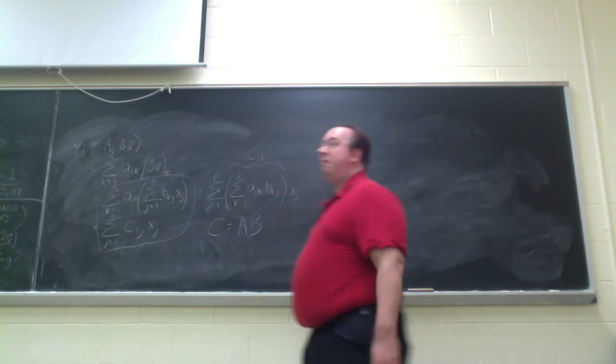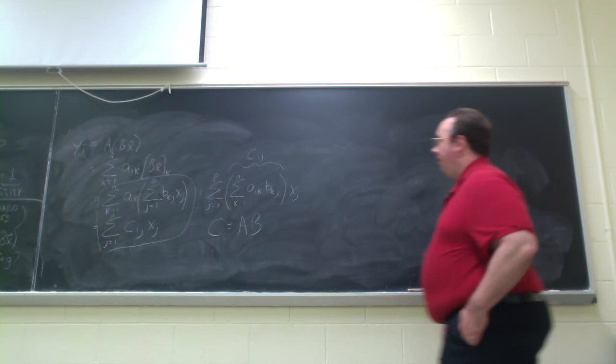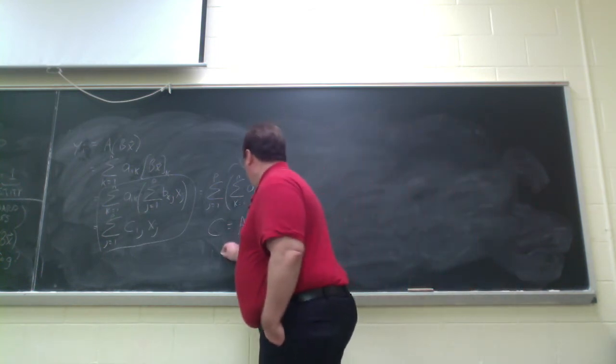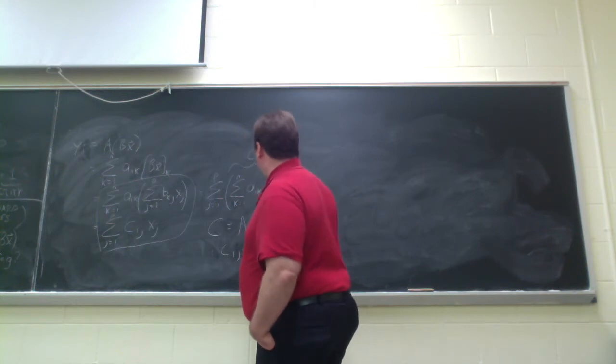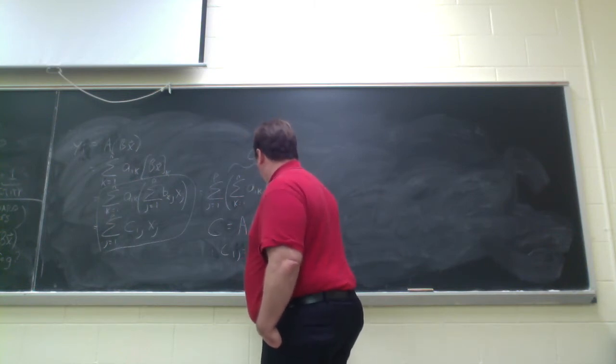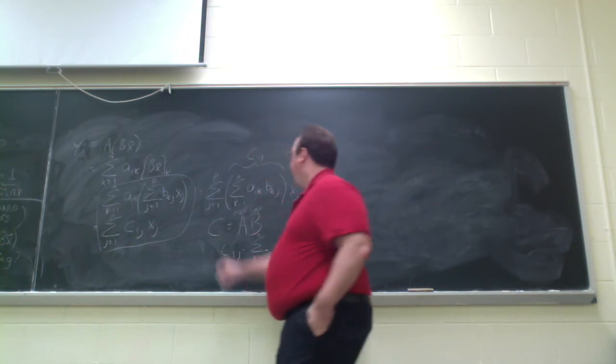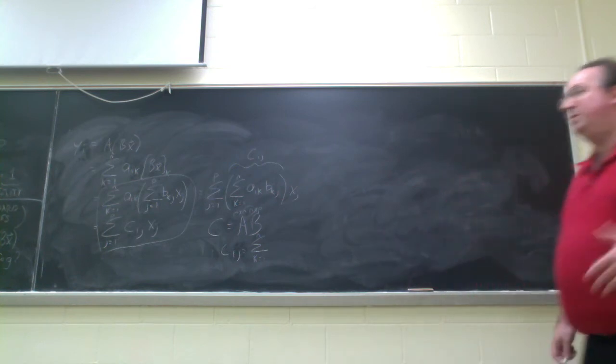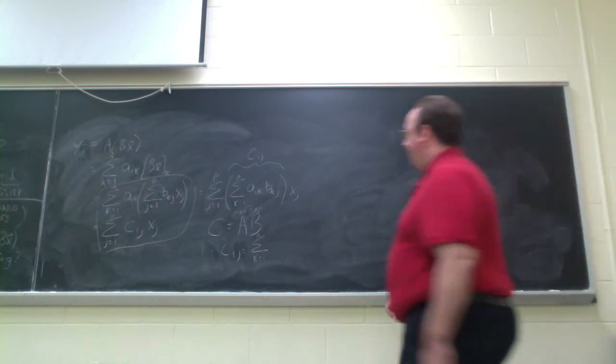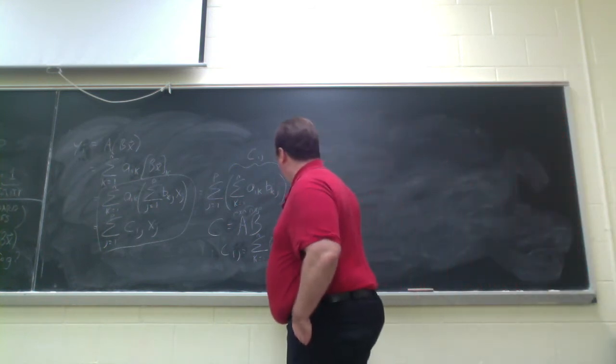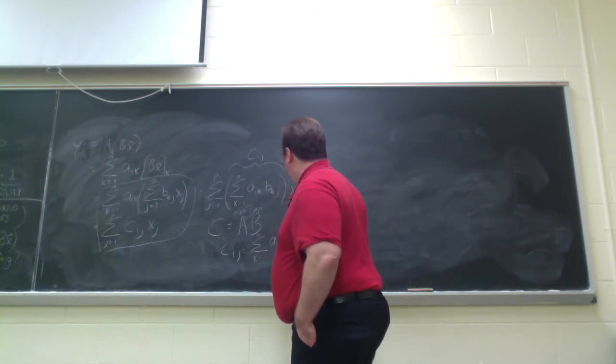So what we have here is that C is the matrix product of A and B, where the entries of a product are defined by this formula right here. And A is M by N, B is N by P. As you know, those dimensions have to match for this operation to even make sense.